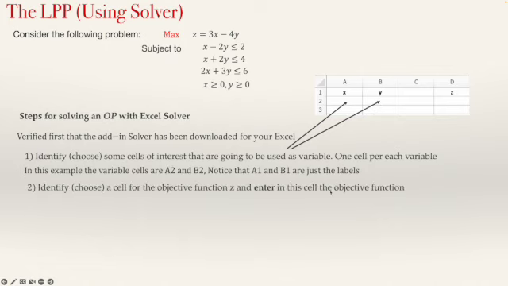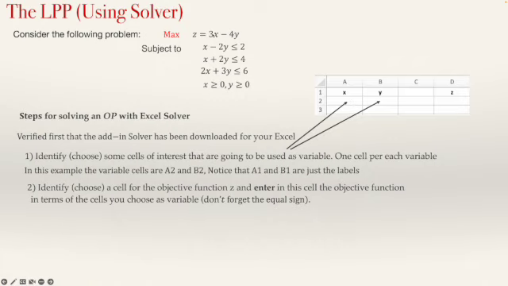Second, identify a cell for the objective function. So this objective function 3x minus 4y will be in one cell. I'm going to identify this cell here, D2, and I'm going to use D1 as the label for the objective function. This variable z will be written in terms of the cells that you chose as variables.